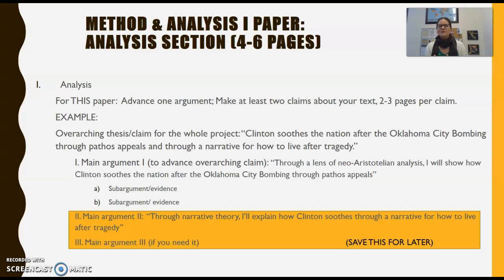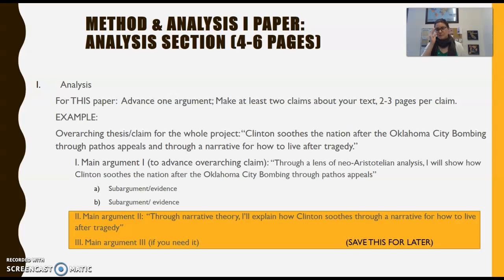Okay? So here's my first sub-argument, or my first piece of evidence. Well, in these lines of the speech, he does the following. And Neo-Aristotelian analysis tells us that a speaker is effective in soothing when they provide X, Y, and Z. All right. Second piece of evidence I will present is blah, blah, blah.